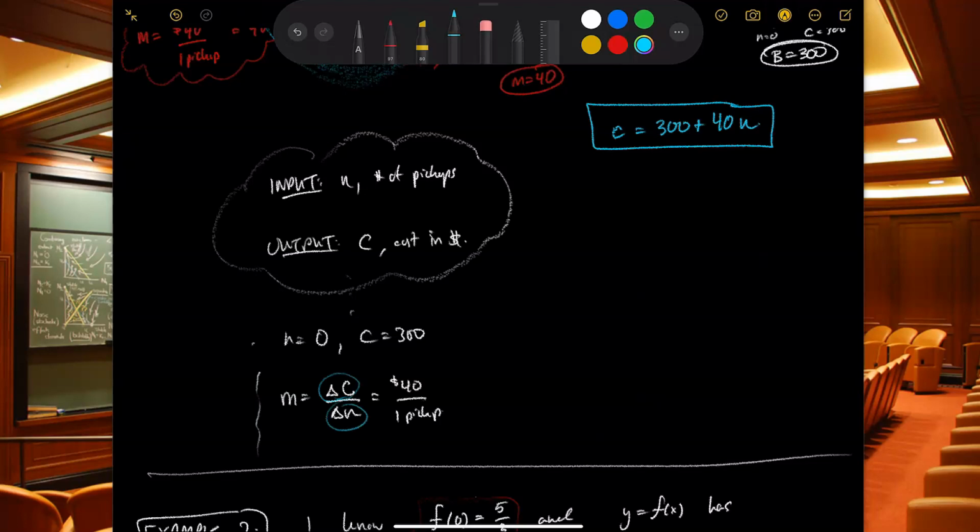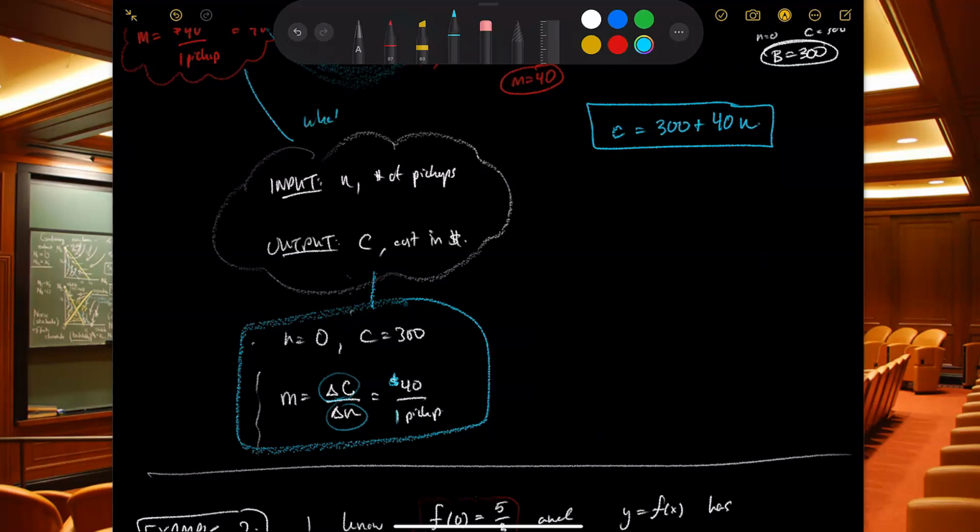The slope would carry these units of the change in cost over the change in the number of pickups, which would be dollars per pickup. Okay, so just to kind of keep this all tethered together, in case these first things weren't clear, you could go to, what else do I know? And start to draw from it as like a well of resources.